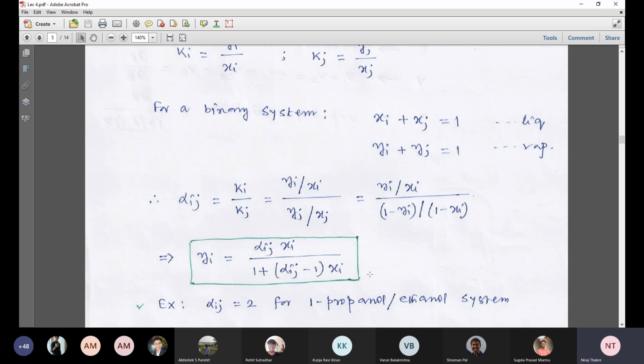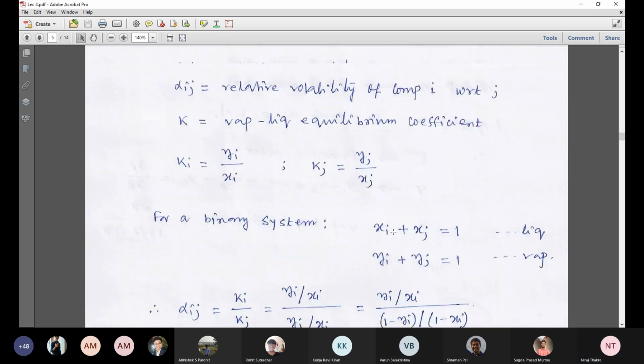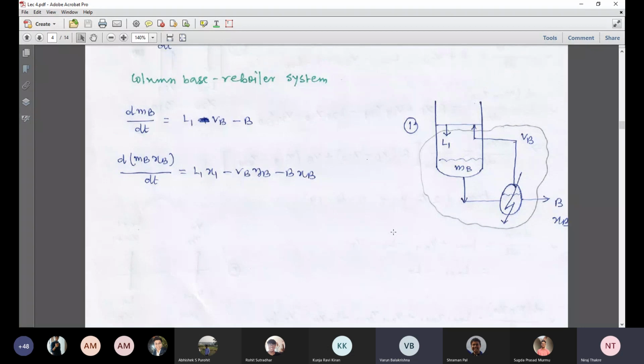Anyone else? Sir, from component mole balance. Absolutely correct. What's your roll number? 19CH30036. Yes. From component mole balance equation. I have mentioned, this is basically the initial value problem.